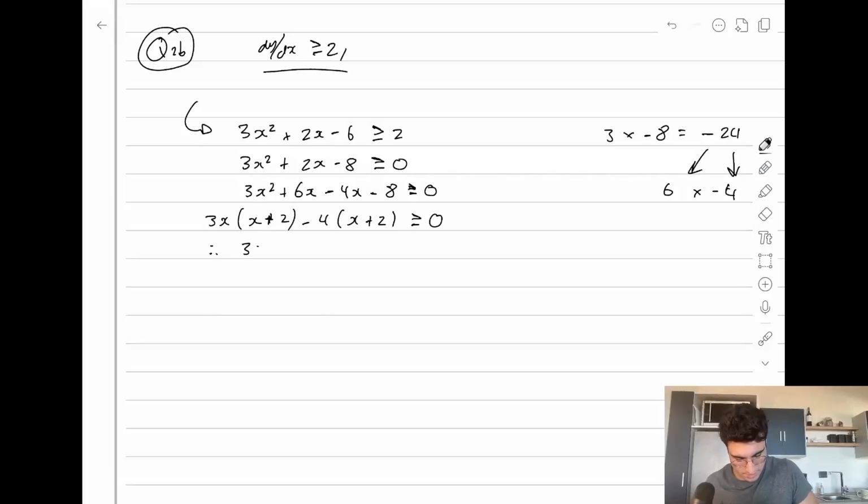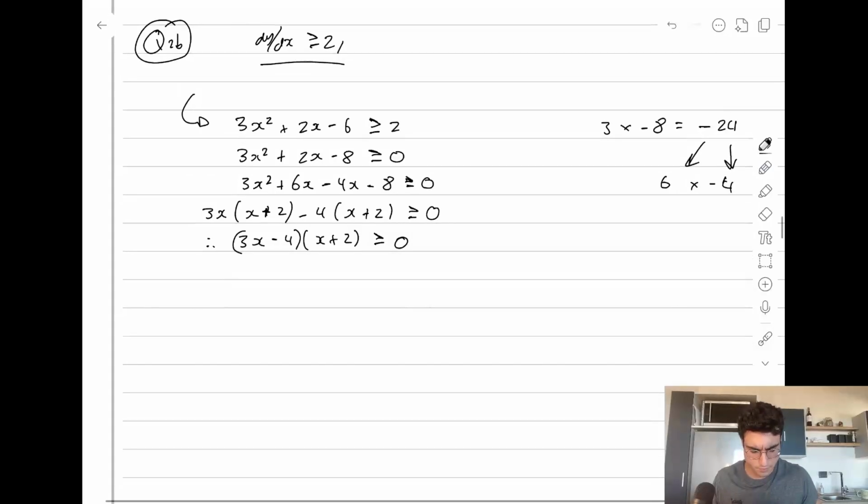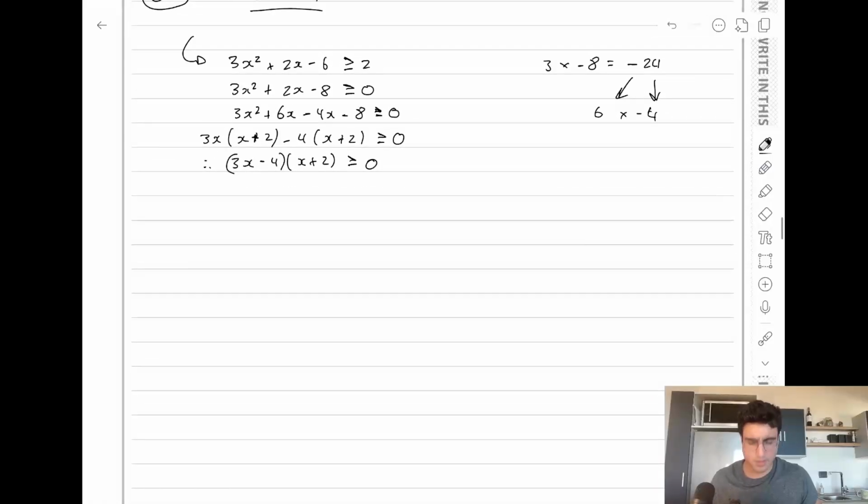So therefore we get 3x minus 4 times x plus 2 is greater than or equal to 0. So as a result, guys, if we let it equal 0, x equals 4 over 3, or x equals minus 2.